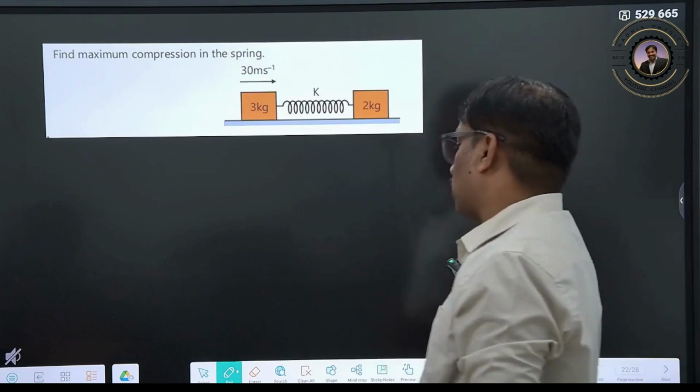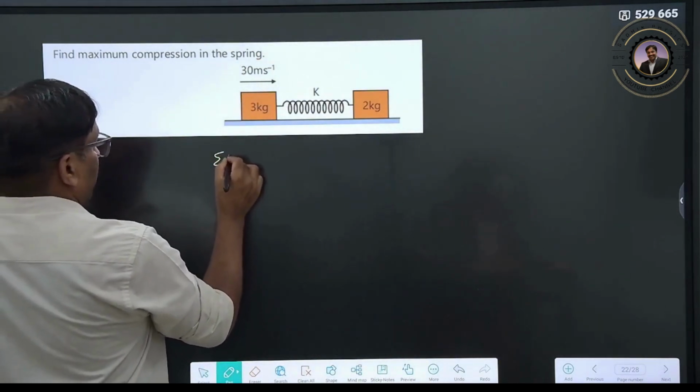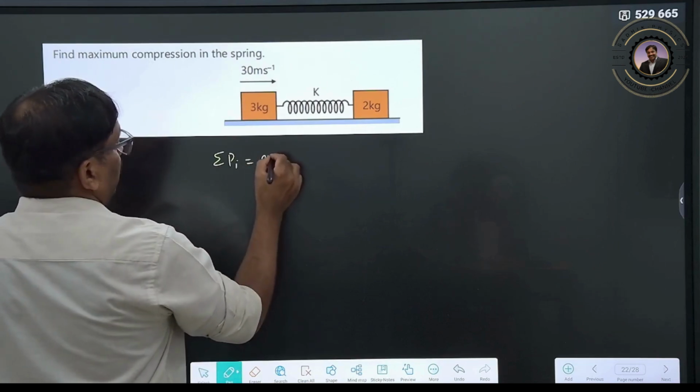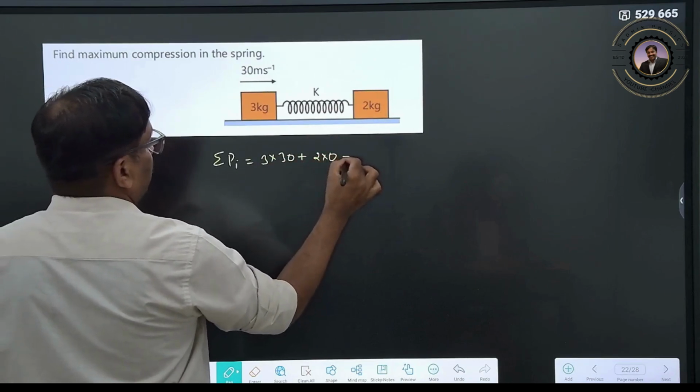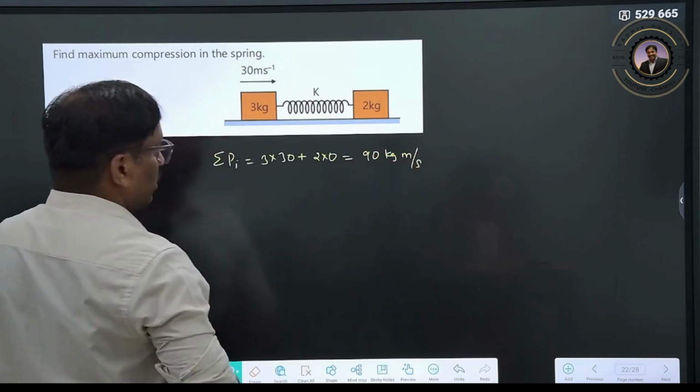Clear? So, initially we are giving some momentum here. What is the initial momentum? 3 into 30, and the other is initially not moving, 2 into 0. Therefore 90 kg meters per second. So this is your initial momentum.